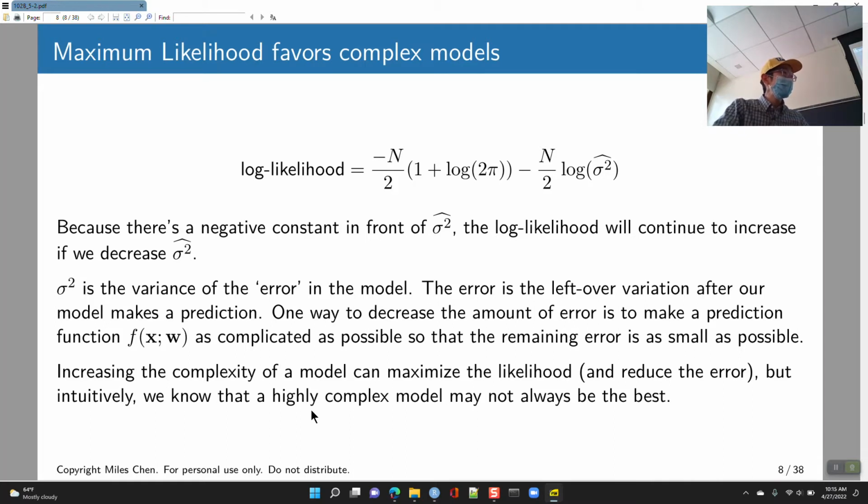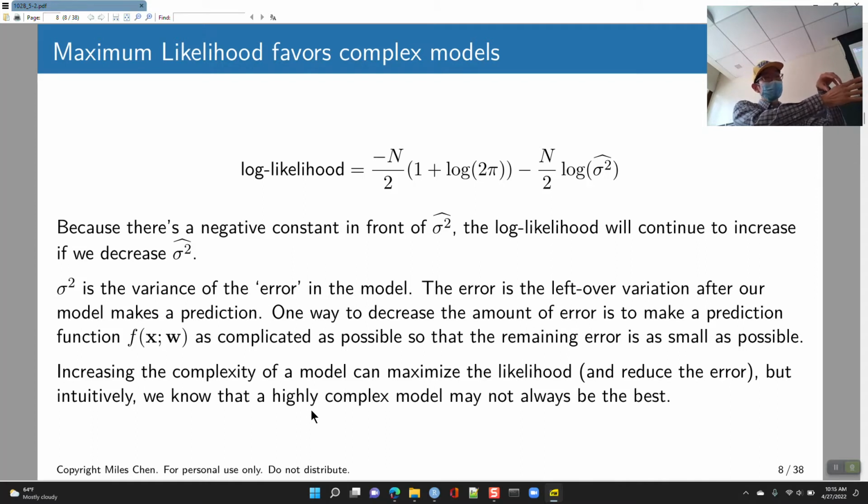So remember, the likelihood of your data is a measure of the probability of getting these observations if the true model follows some form, okay? And so there's always some random noise here. And if your observations match whatever you're saying the model to be, then that's going to increase the likelihood of your data, okay?